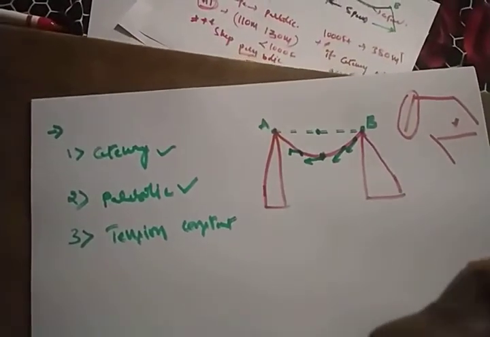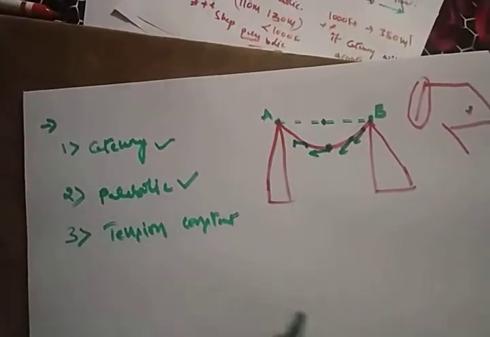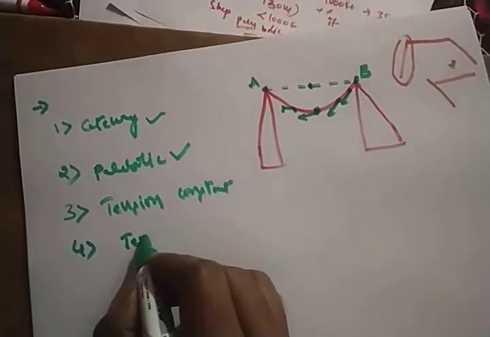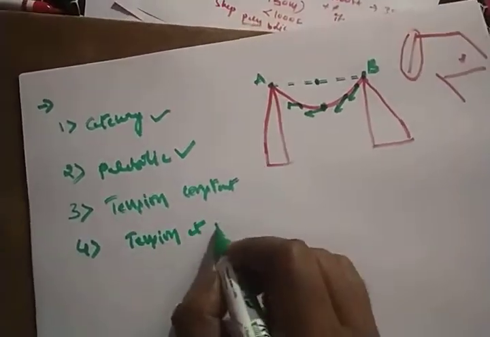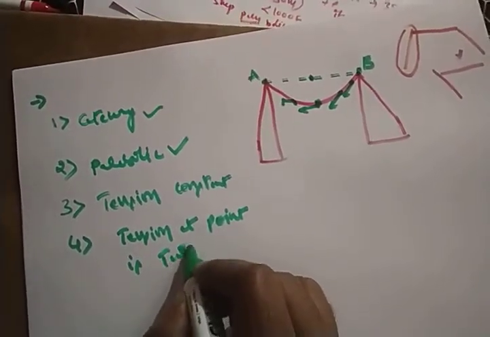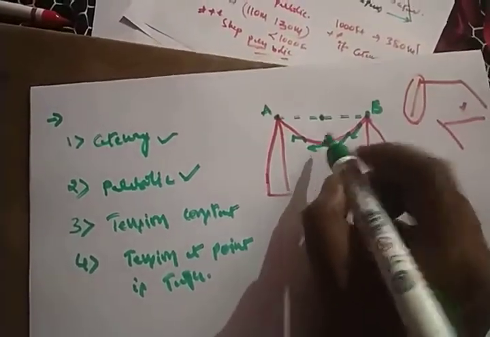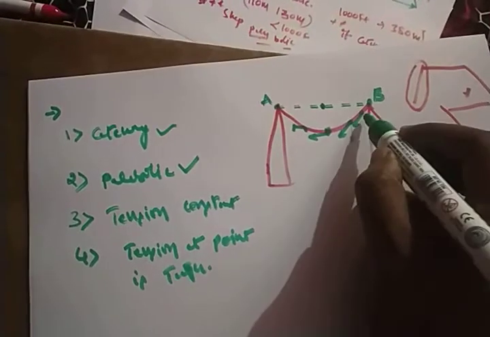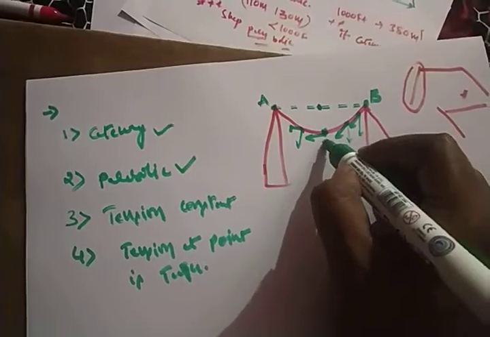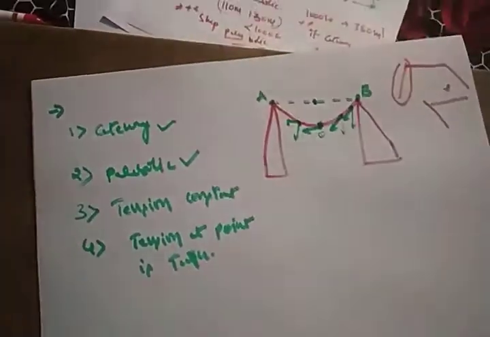So the fourth one is that tension at any point is tangential. Each point has a horizontal tension and a vertical tension. But at the midpoint you don't have any vertical component because there is no pressure. So there is a turning moment.